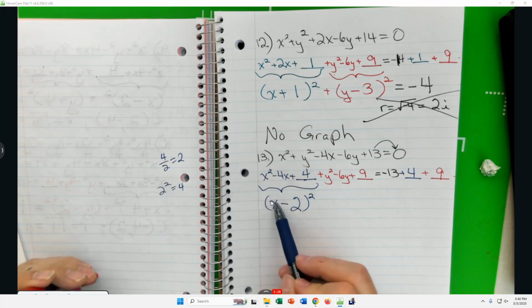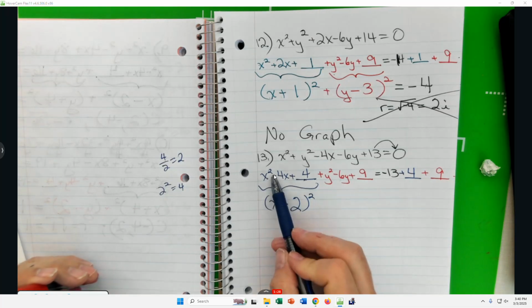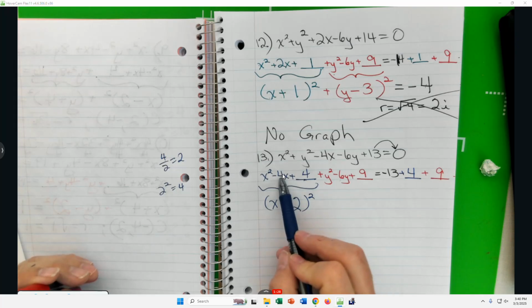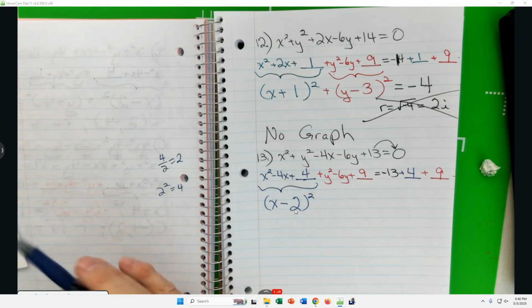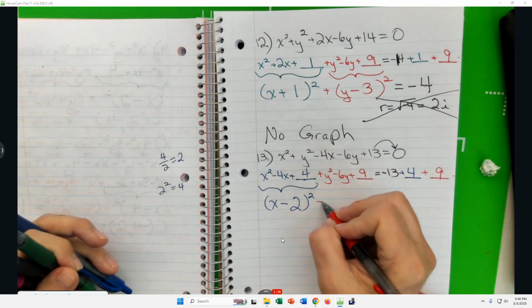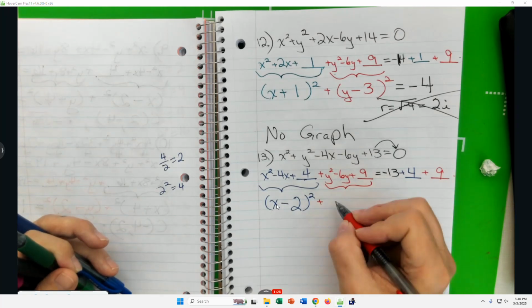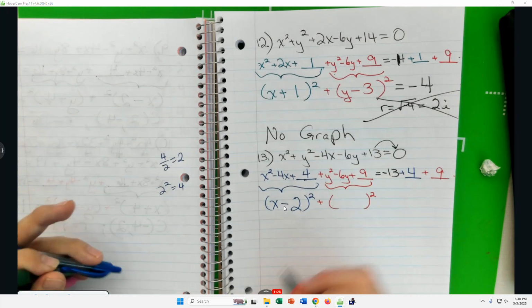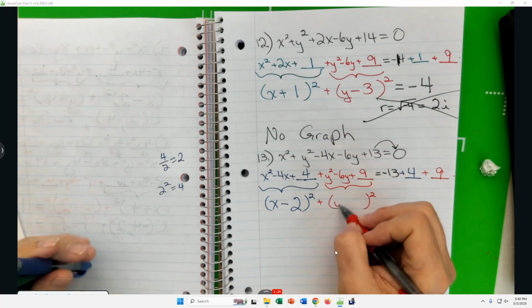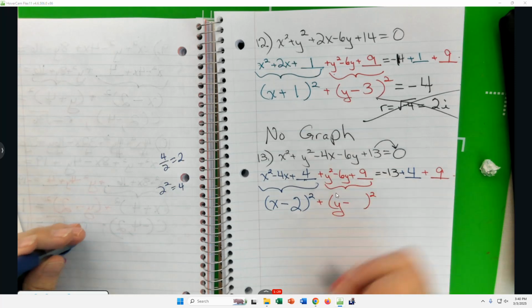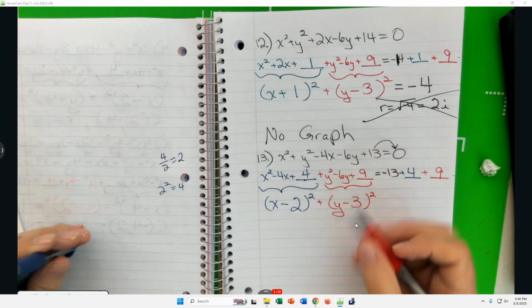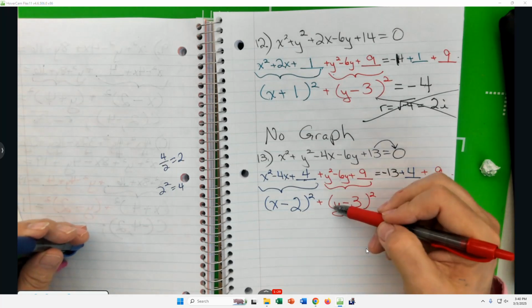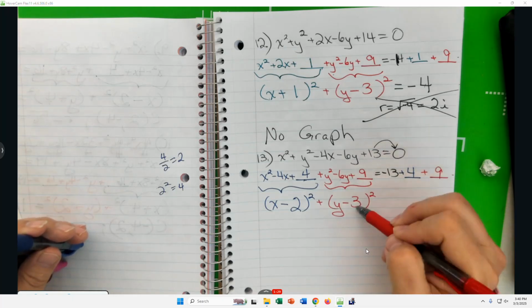It's whatever that letter is, x, sign, minus half of 4, which is 2. How will the y terms factor? Y minus 3. Variable sign half of that number.